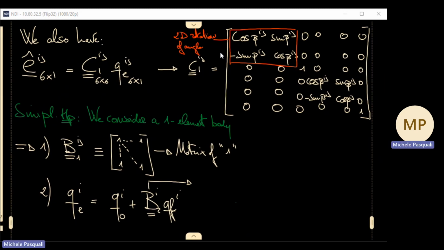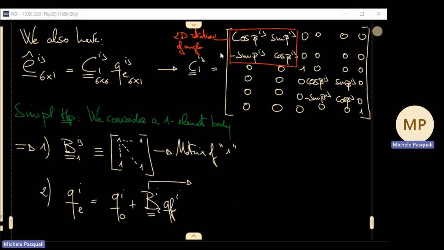This is the reference matrix, the matrix which enforces the reference conditions. Basically, it selects the nodal quantities that can actually survive once you impose the boundary conditions, or if you want, the constraints between different elements. So it tells us which of the overall general vector of possible deformations at the nodes are actually possible for our element.